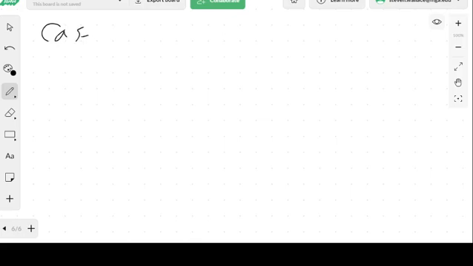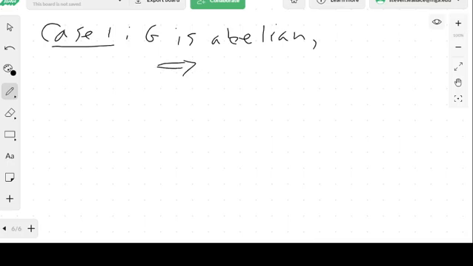Case 1, G is abelian. We can show that then AB has order 6.